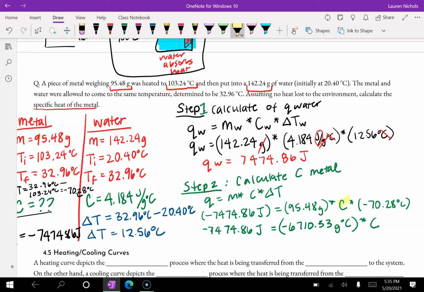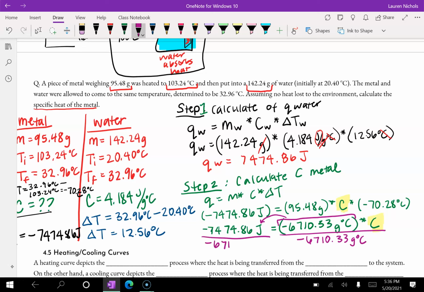Now, remember, the goal is to get C by itself. That's what we're looking for. So in order to move this number to the other side of the equal sign, you have to do the opposite of the math. Since it's being multiplied by C, you divide by it on both sides in order to cancel it out.